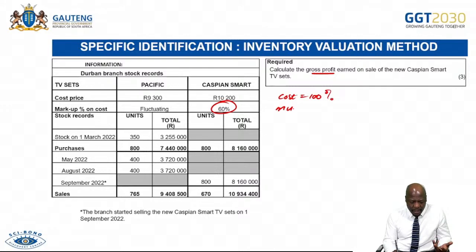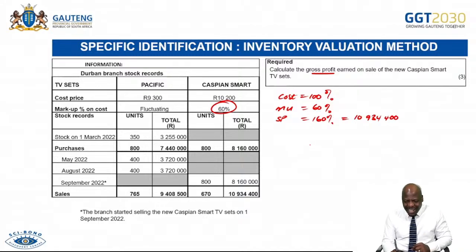Markup in this case is 60%. That means selling price is 160%. Are we good? All right. So it would then mean that this 160 is the selling price, which is equivalent to the 10,934,400. Can I go on?